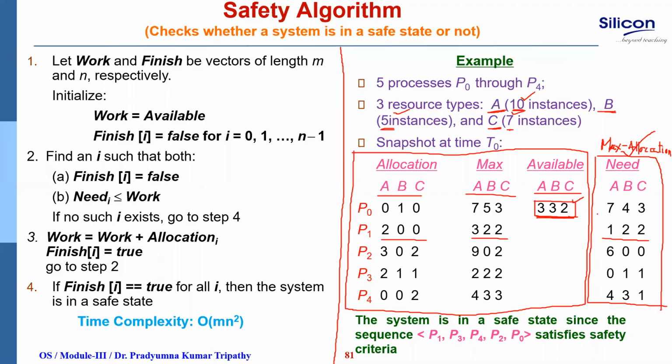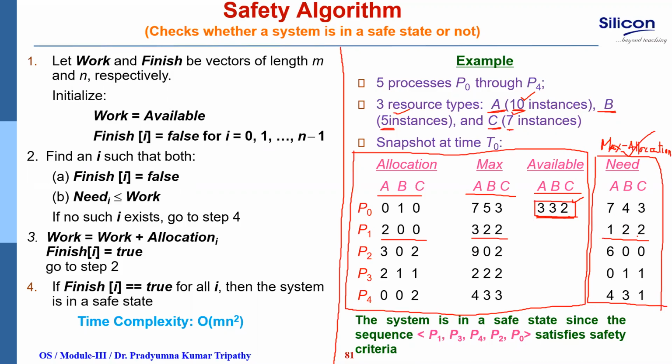I have 332. Can I satisfy? P0 requirement need is 743. Available is 332. Can we satisfy the P0 requirement? No, sir.